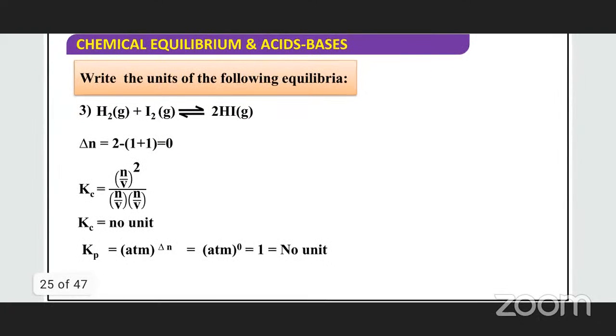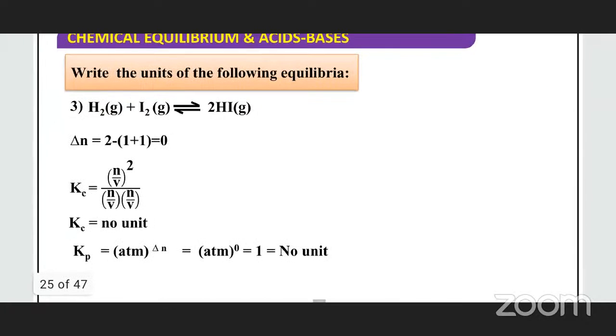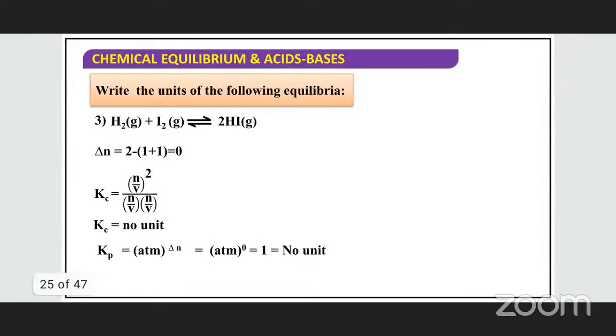Kc has no units because delta N is equal to 0. Kc is the number of moles of product by the number of moles of reactant, n squared by V squared divided by n squared by V squared. They cancel, so Kc has no units. Kp units: atmosphere to the power delta N. Delta N is equal to 0. Substituting 0, atmosphere to the power 0 is equal to 1. No units in this equation.